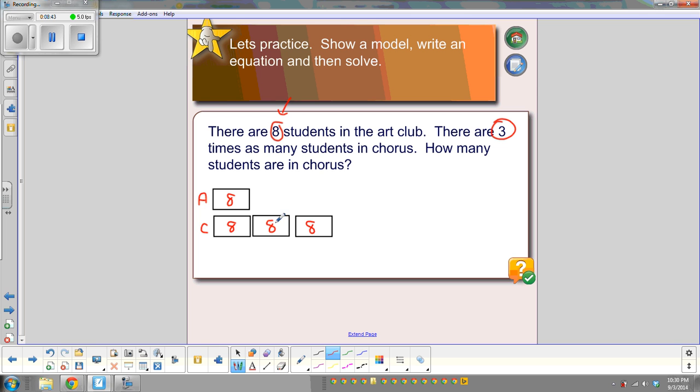We want to find out what the chorus is, so we write n, because we don't know what the chorus is, so we just put that in the placeholder. N is 3 boxes times 8 students in each box. And what is my answer? N equals 24. 24 students are in chorus.